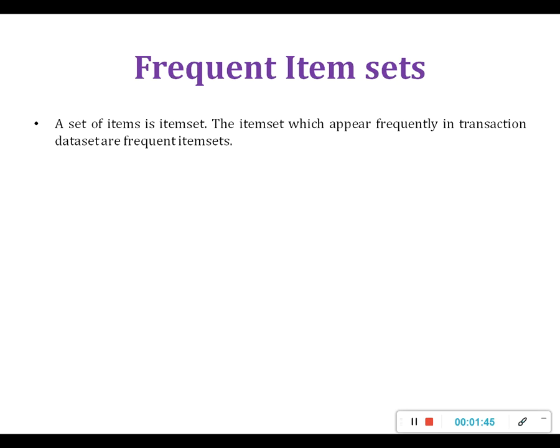First of all, if we check a single item, we are just checking in that transaction data set how many times that item occurs.